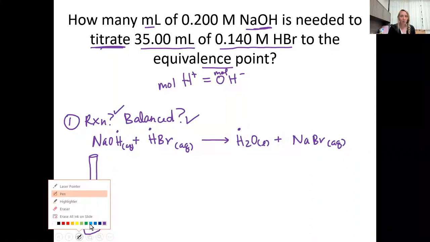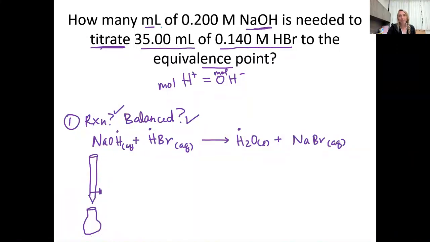Okay, so this question says, how many milliliters of 0.2 molar sodium hydroxide is needed to titrate? Titrate means it's going to be added. So I want to know how many milliliters of the sodium hydroxide solution. And I know that solution is 0.200 molar. So how many milliliters of that solution is needed to reach the equivalence point?